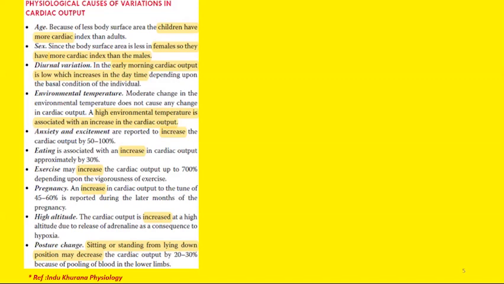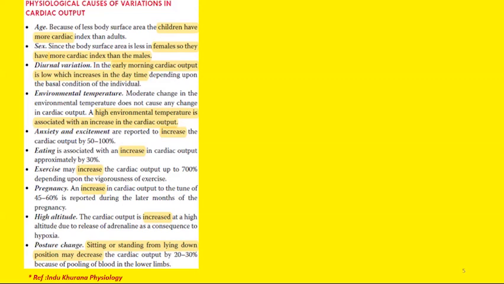For example, cardiac output in children is slightly less. That is why the cardiac index will be more, because of the lesser body surface area. Similarly, in females, the body surface area is less. That is the reason the cardiac index will be greater in females.